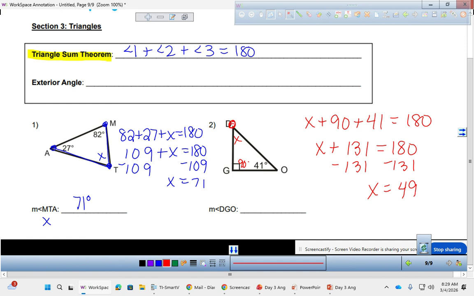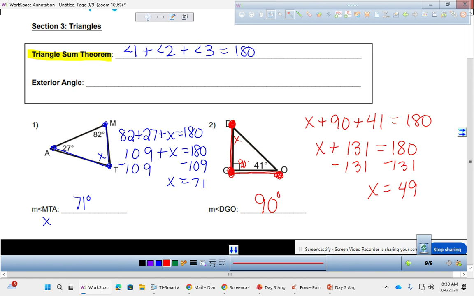Oh, I didn't need to do any work at all, huh? DGO is what angle? 90. D to G, G to O forms that 90-degree angle. I actually didn't need to find that missing angle at all. It did more work than I needed to.